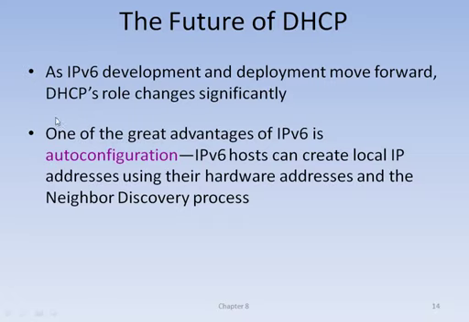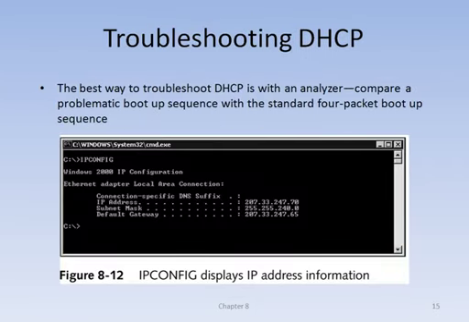One of the great advantages of IP version 6 is auto-configuration. An IP version 6 host can create a local IP address using its own hardware address and the neighbor discovery process. We will discuss this process, auto-configuration and all the other features, when we discuss IP version 6.